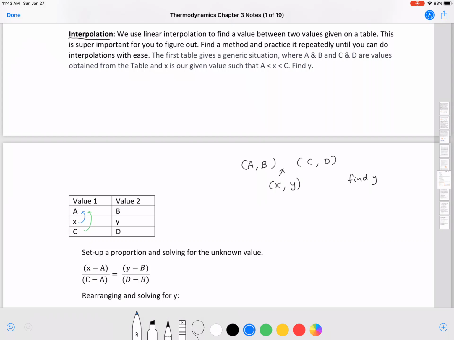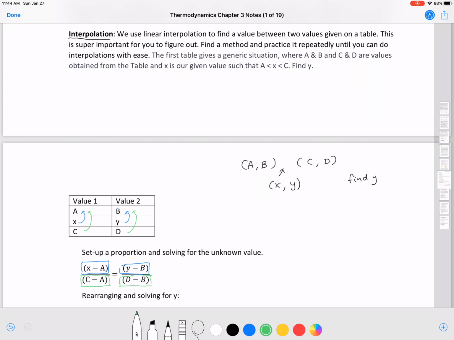So this divided by this, and then that has to equal the same proportion of this to this. So again, we're just setting up a proportion. This is to that what that is to that. And then we're using that and rearranging to solve for our unknown Y.